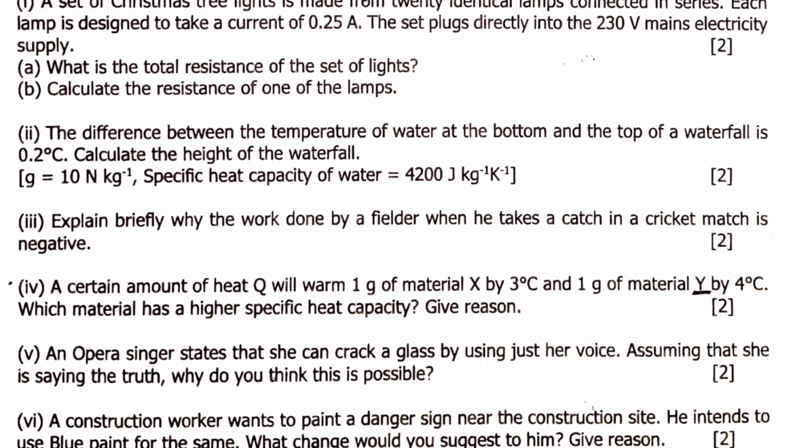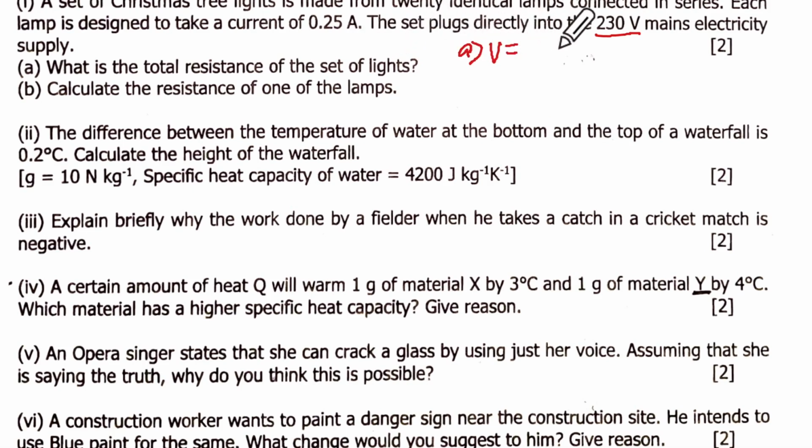A set of Christmas tree lights are made from 20 identical lamps connected in series. Each lamp is designed to take a current of 0.25 ampere, and the set plugs directly into 230 volt mains electricity supply. So what do we see?